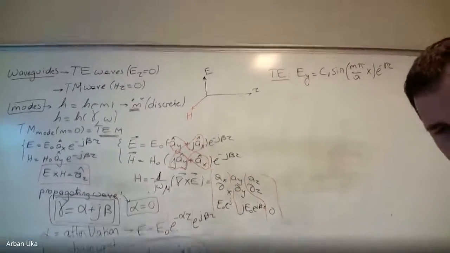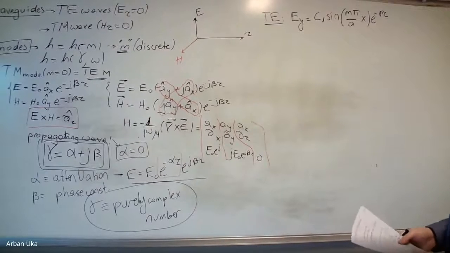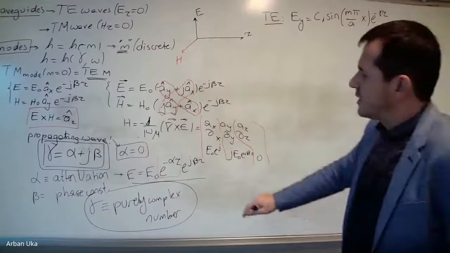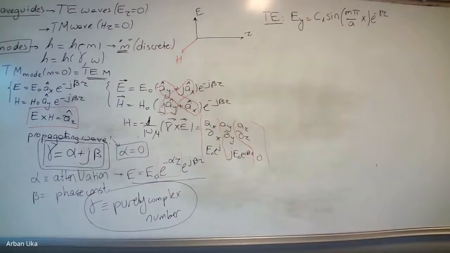Okay, this is a little better. So this is how the wave is going to look like. The gamma that we're talking about, we have it right here. And this is the phasor notation.